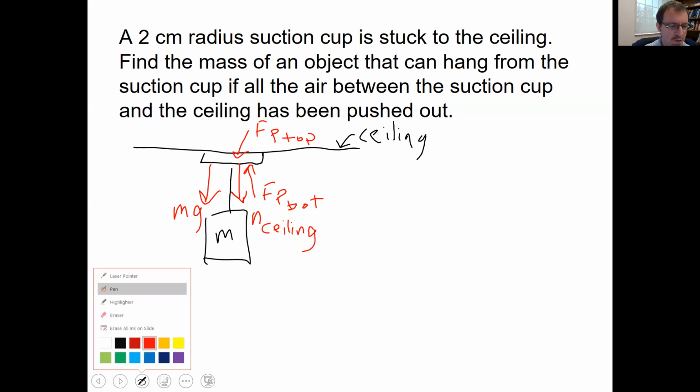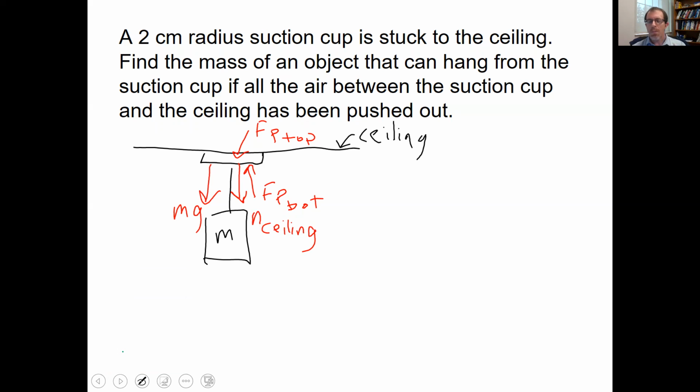Now let's see if there are some things we can get rid of. First off, I said that we're going to maximize the size of that mass. So we're making that mass heavier and heavier until the ceiling doesn't have to push down on the suction cup at all anymore. As a matter of fact, this thing is about to fall off. So our normal force is going to go to 0. It's just going to disappear.